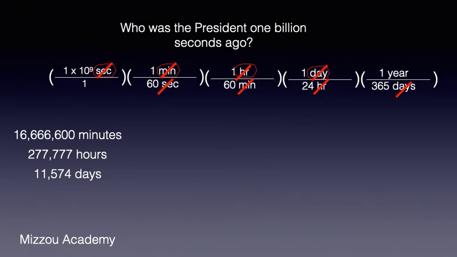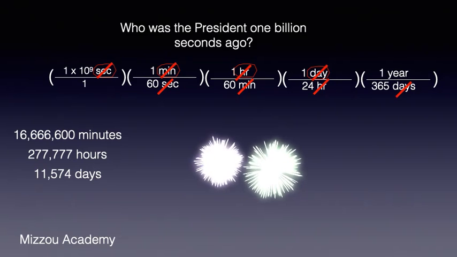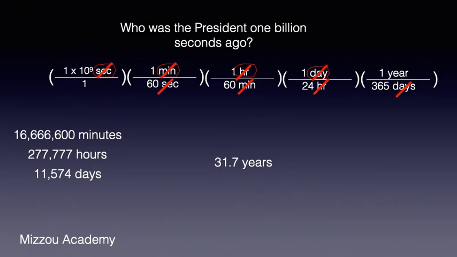I multiply by all the numerators, divide by all the denominators, and so 1 billion divided by 60, divided by 60, divided by 24, divided by 365, finally gives me this answer of 31.7 years. And that's a value which I can finally kind of visualize. I know about how long 31.7 years is.